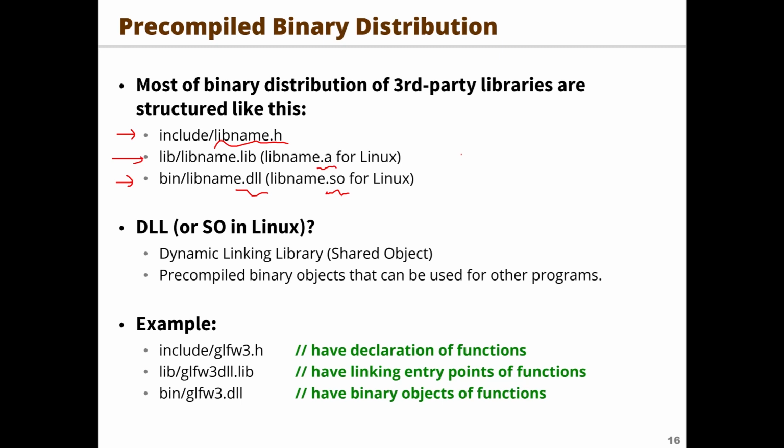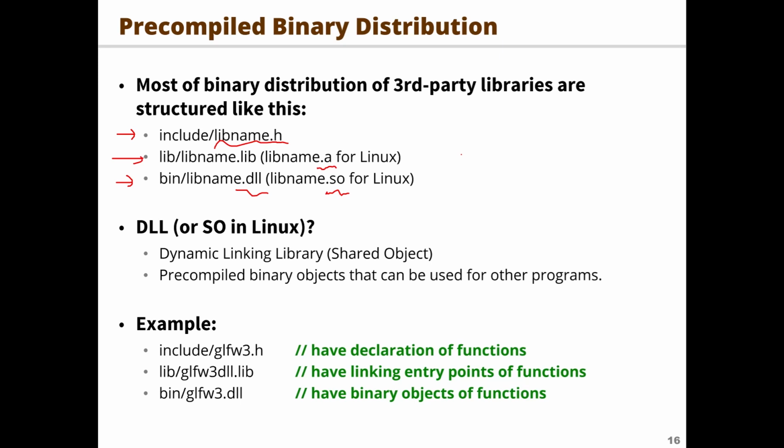That is only used for the linking. And the DLL actually contains the real compiled functions inside it. But without the lib, compilation of your source code is not possible. So that is necessary only for the compilation.